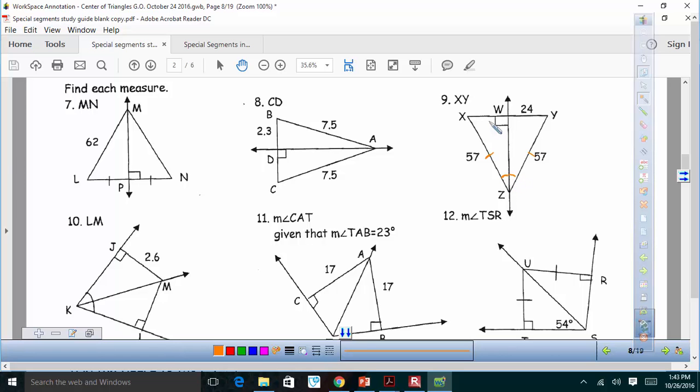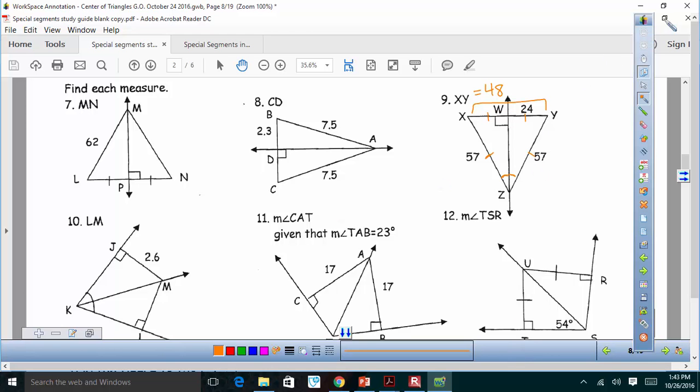And if these angles are equal, it implies the bottom is equal. So it asks me to find XY. XY is this whole length right here. If half of it is 24, the whole thing is 48. No, you're good. That was a good question.